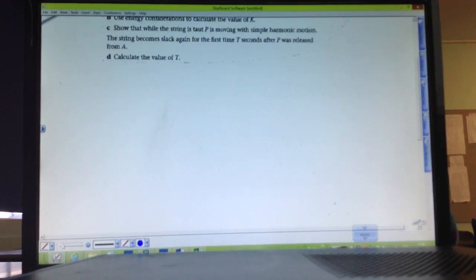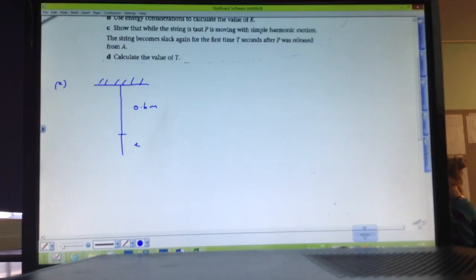So my diagram for part A would simply look like this. It'd go like that. It'd go bang, bang, bang, bang, bang, bang is the ceiling. It's in equilibrium. So I've got that is 0.6 metres, okay, and I've got that there is the extension E, and then I've got my particle here, which I think was 0.2. So that's 0.2.